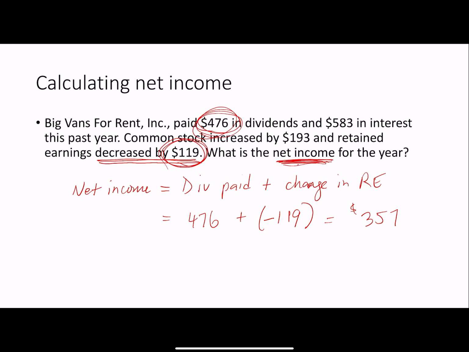And that income can be divided between a portion that stays with the firm in the form of retained earnings and a portion that gets paid out to investors in the form of dividends. So if we want to rebuild net income, then we look at dividends and retained earnings. In this case, it was interesting because retained earnings decreased, which means we actually subtracted out in this equation.